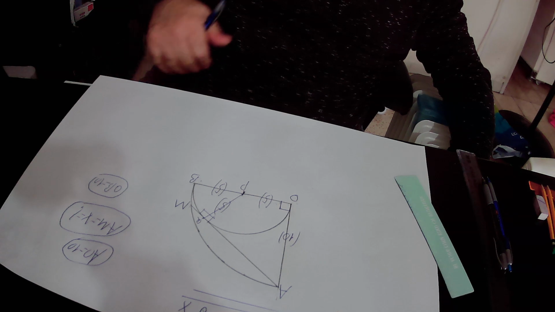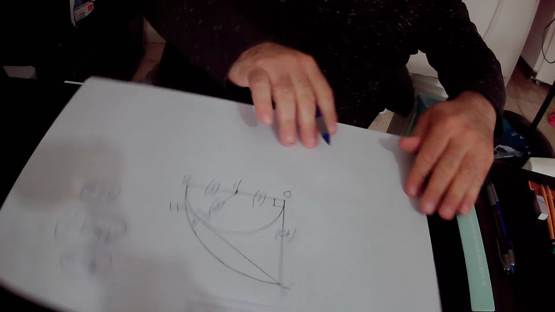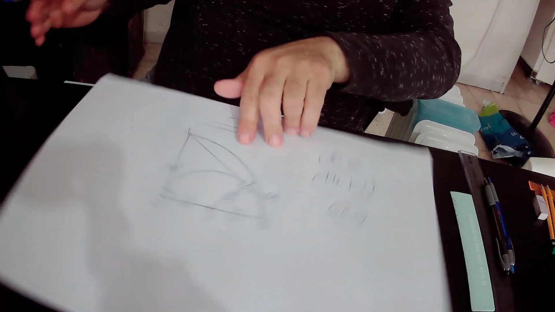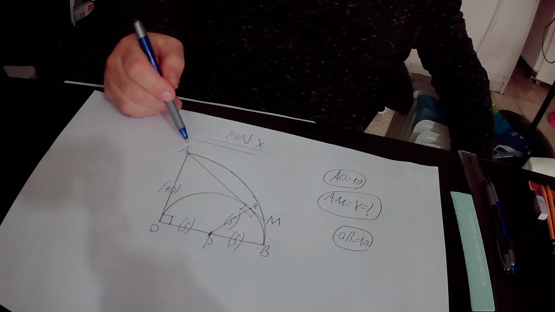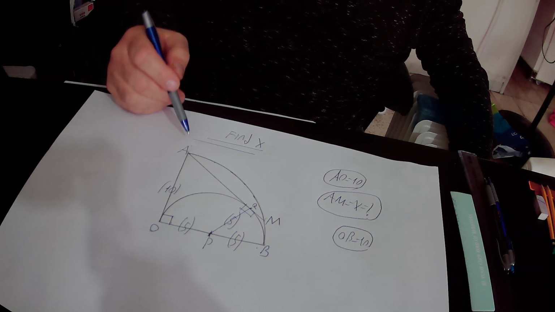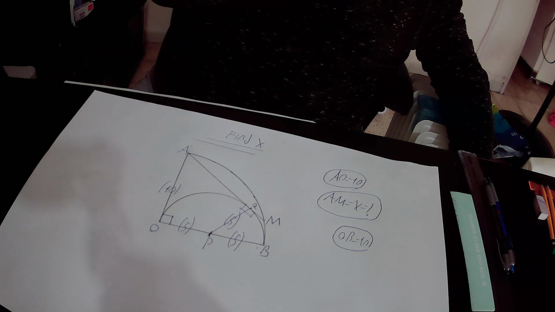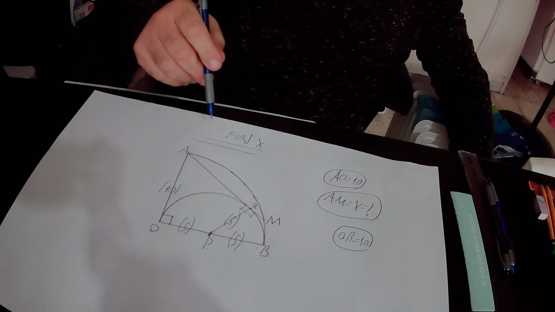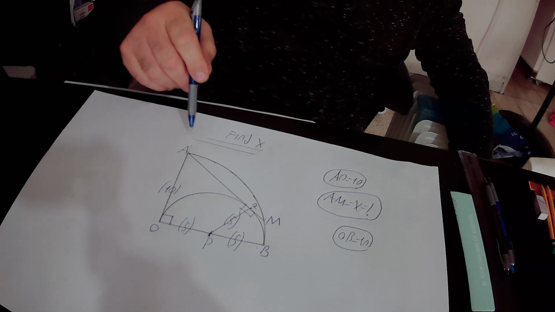In the next step, we will focus at this point, point A. Point A is an exterior point in relation to this semicircle. From point A, we have two tangents to this semicircle, tangent AO and tangent AQ.